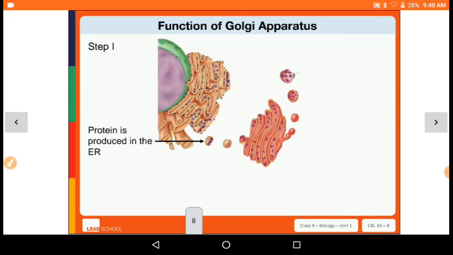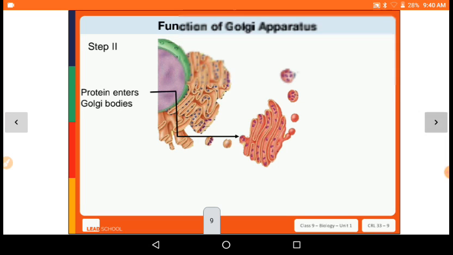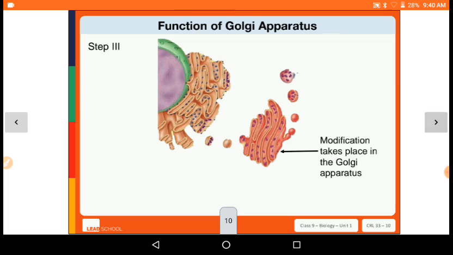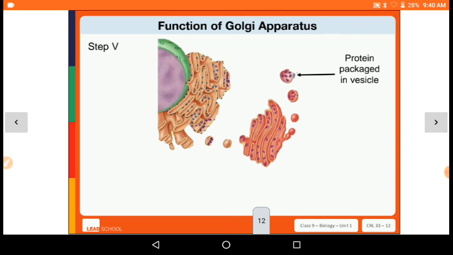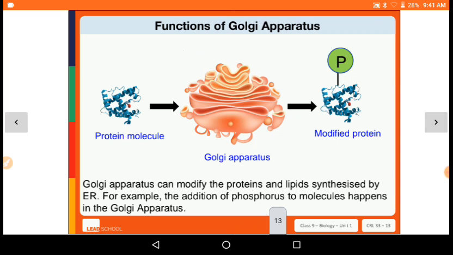So, how does this work? First step, protein is produced by endoplasmic reticulum, and then it enters the Golgi body. Then it will undergo some modification, and then the modified protein will be released from the Golgi body, and then the protein is packaged in vesicles.